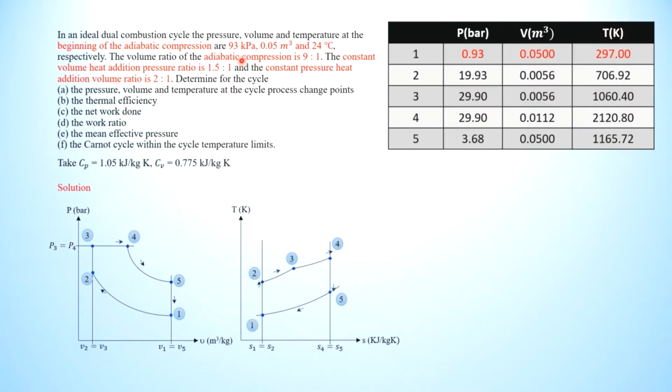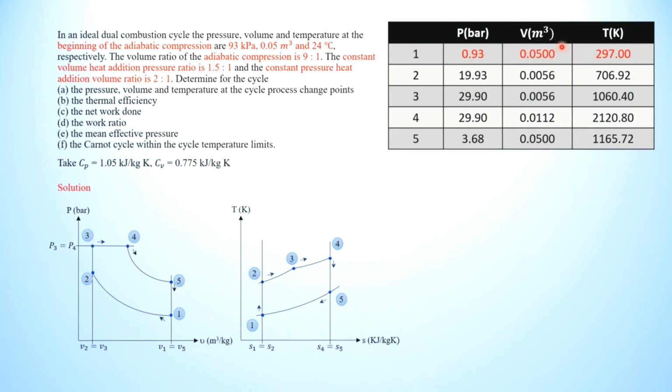So the given values are the pressure, volume, and temperature. So we fill up pressure, volume, and temperature. The volume is in meter cube, so the best is to find out the mass.